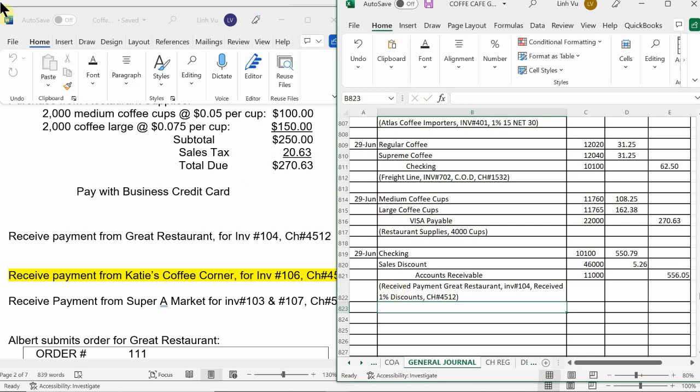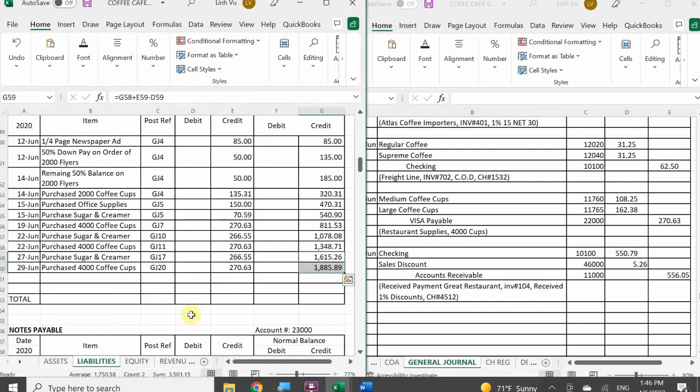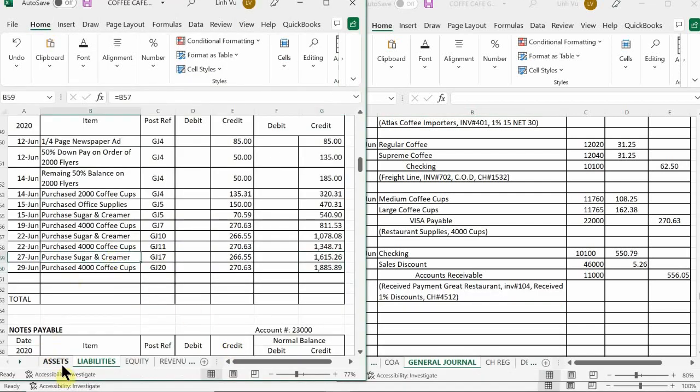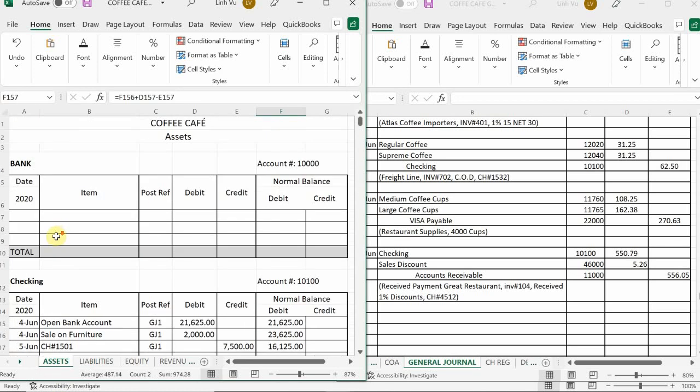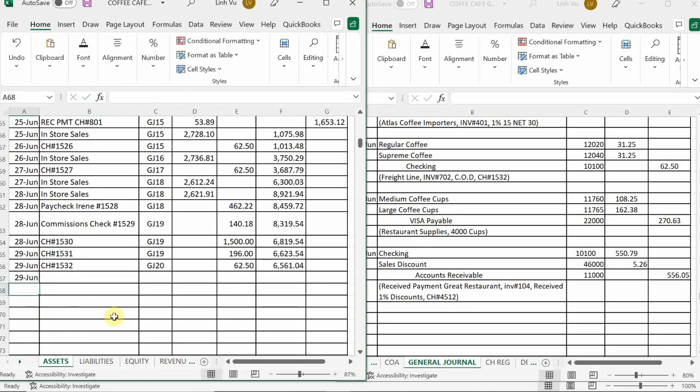The ledger. Mm-hmm. So in this case, I received some money. So checking, for $515.79.